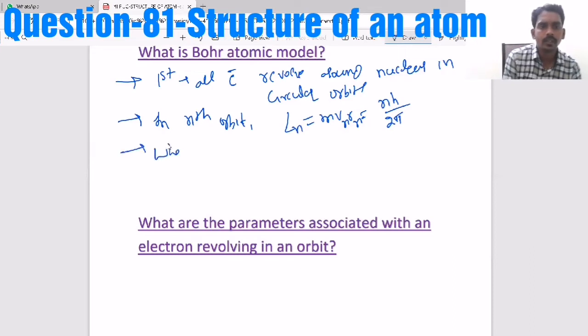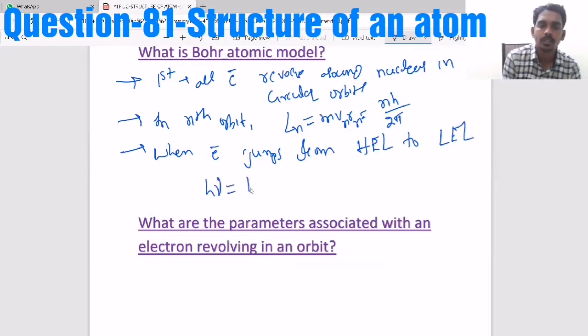And when an electron jumps from a higher energy level to a lower energy level, energy is emitted in the form of a photon, equal to the energy of the higher level minus the energy of the lower level.